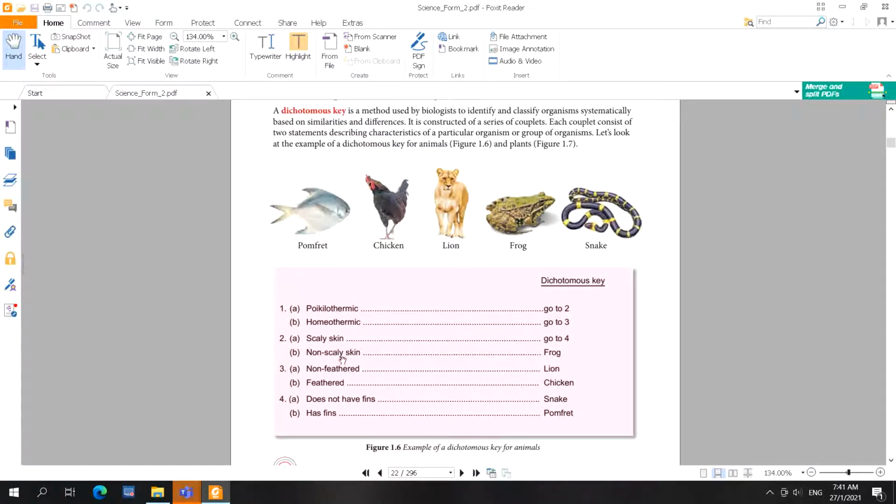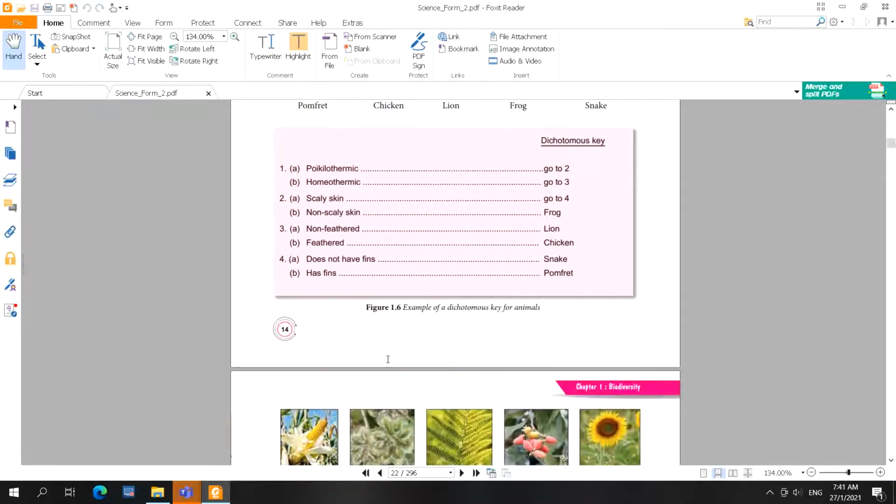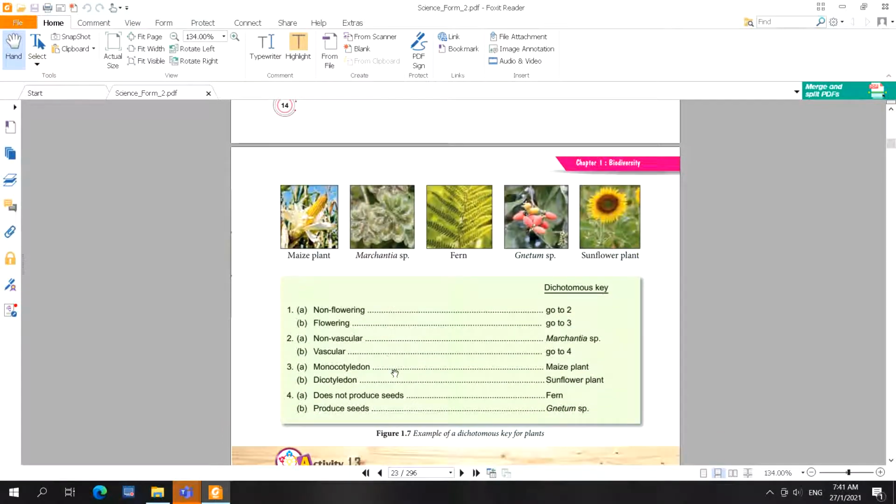Its characteristic is scaly skin, go to number 4, another couplet with 2 statements. In number 4, if it does not have fins, we know it's a snake, and if it has fins, pomfret. Homothermic, go to number 3. Number 3: non-feathered lion and feathered chicken. We use their characteristics.